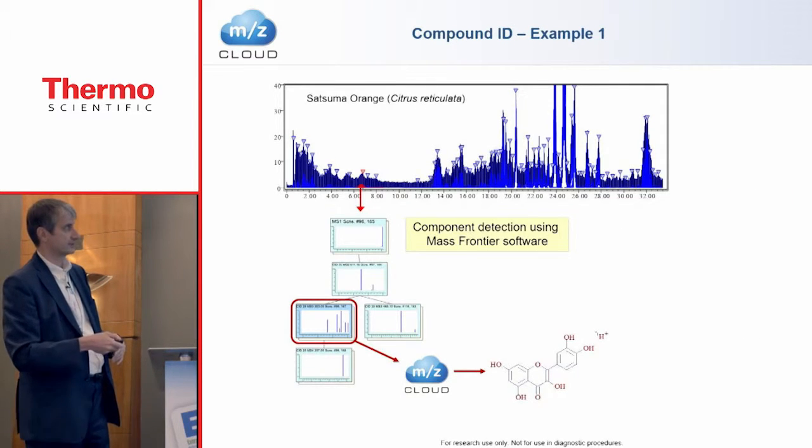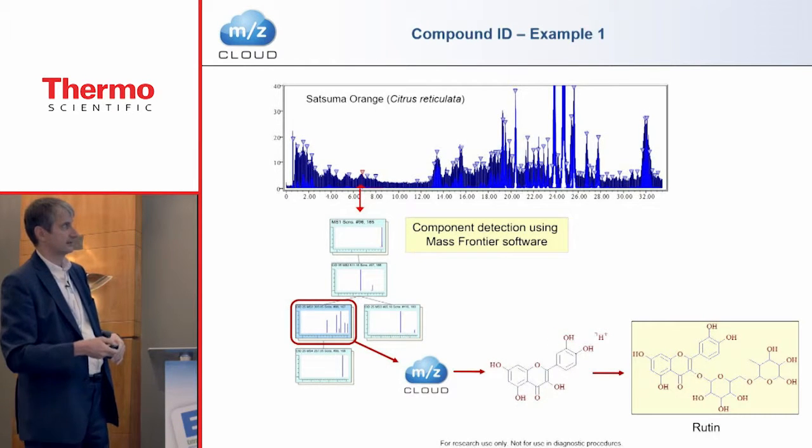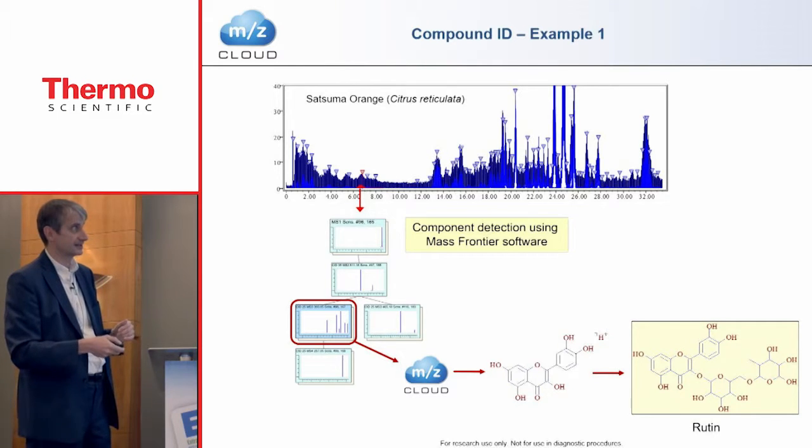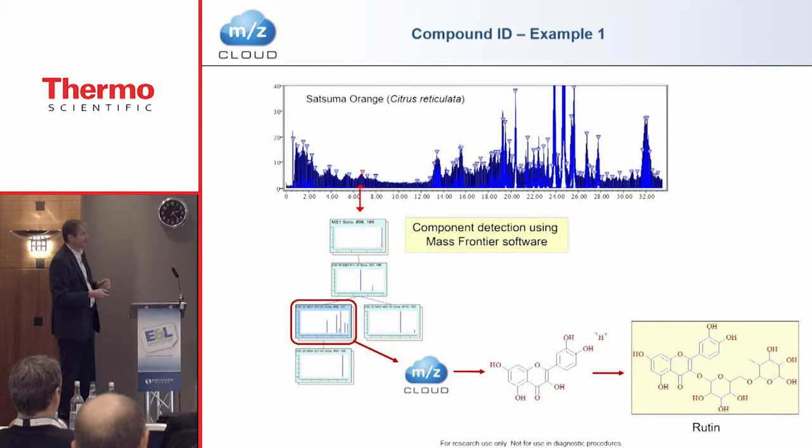Then we get this routine, which may be a problem, because this is exactly the case I was talking about, the dark matter. But at least from a total unknown, we have some substructural information. If we would search the spectrum in a normal spectral database, there would be no hit.